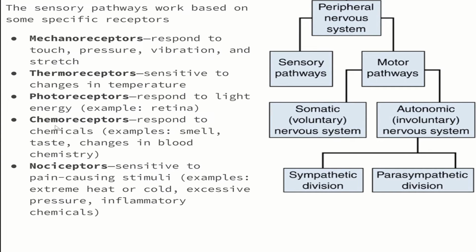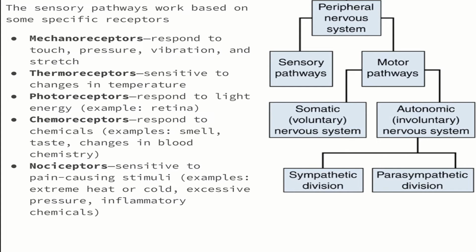So what kind of receptors do you find in the sensory pathways? It comes down to what kind of information they are responding to. So mechanoreceptors respond to touch or pressure or vibration or to the physical stretching of that anatomical structure.